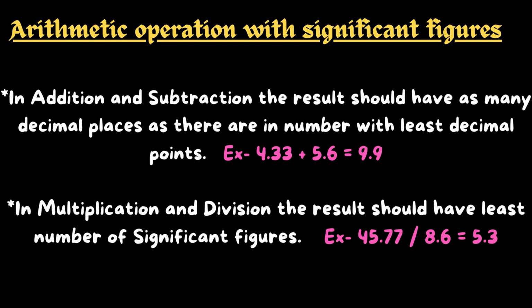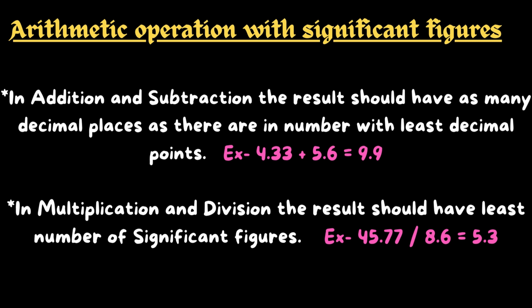The first rule is the result should have as many decimal places as there are in the number with the least decimal points. That is, the number of significant figures in the result should always be the least, as in the numbers taken in the question. This rule is applicable for all the addition and subtraction problems.